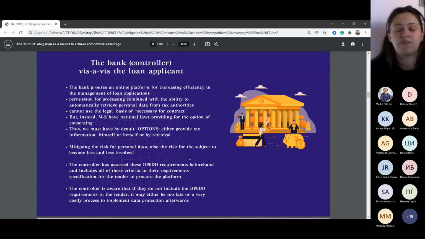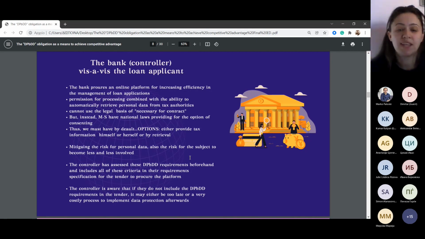So the vital point here is to give the data subject the chance to become involved and have the discretionary power to choose between giving their tax information, or in another way, giving permission to the bank to retrieve the personal data from tax authorities.